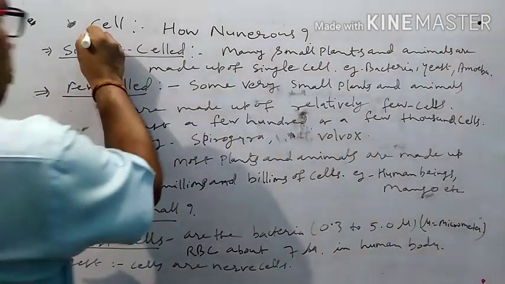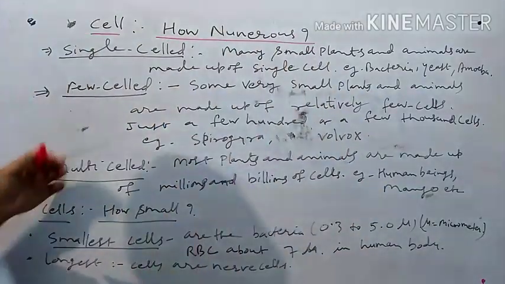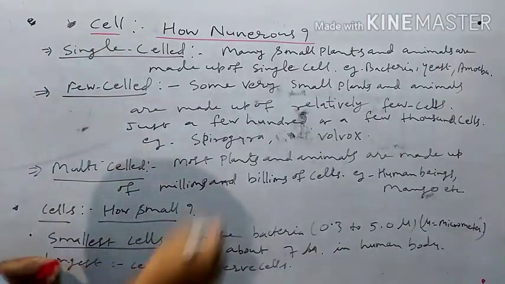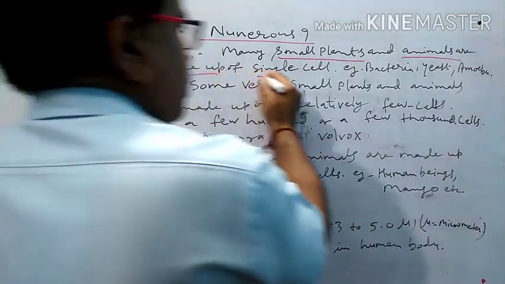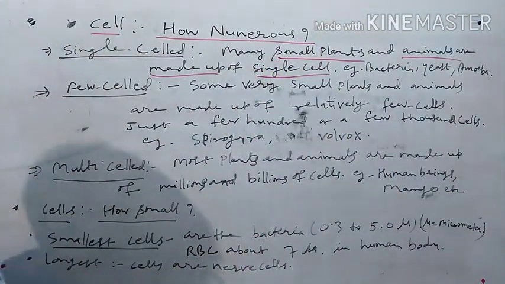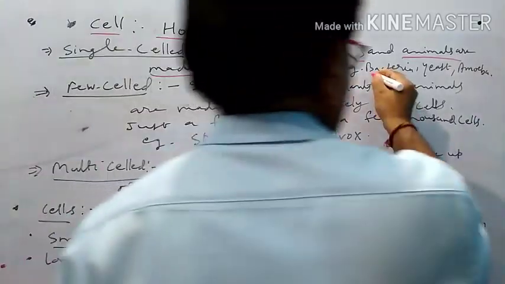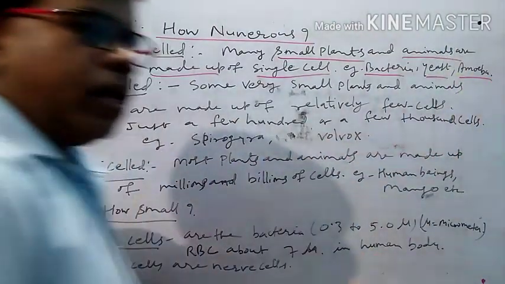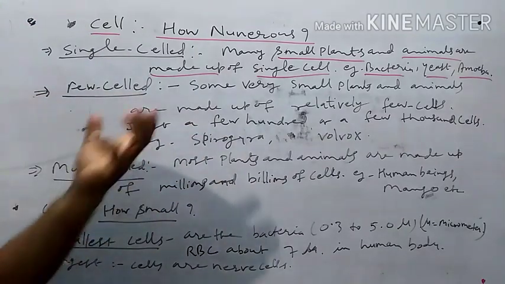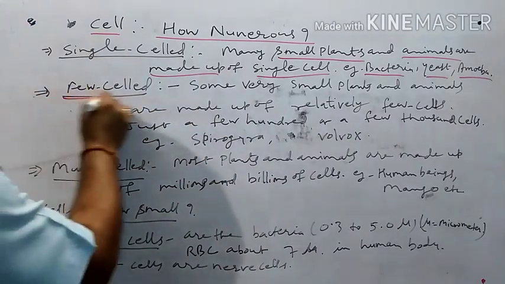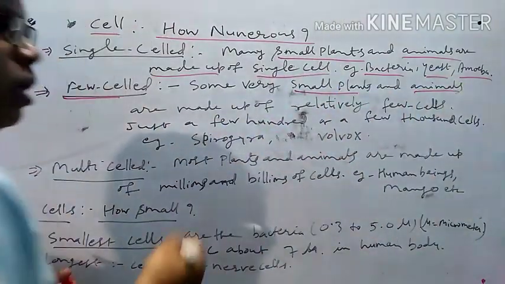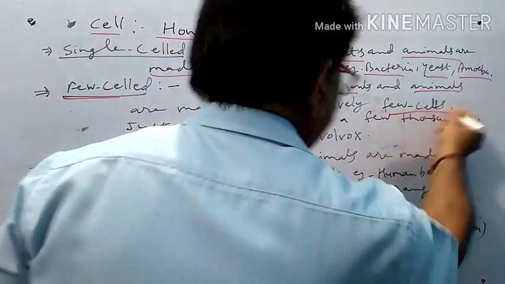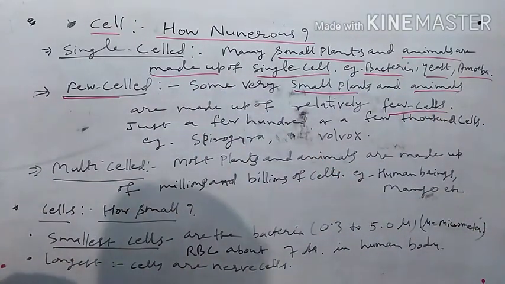Cells, how numerous? Single cell: many small plants and animals are made up of a single cell. For example, bacteria, yeast, amoeba are all single-celled organisms. Some small plants and animals are made up of relatively few cells, just a few hundred or few thousand cells.